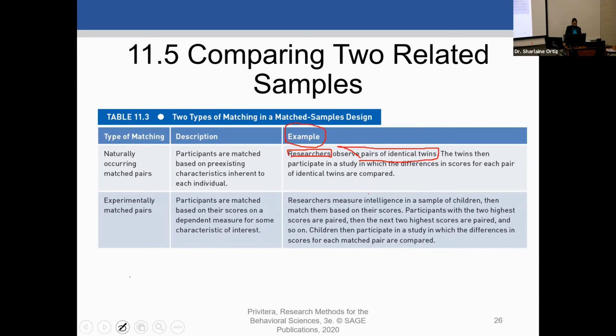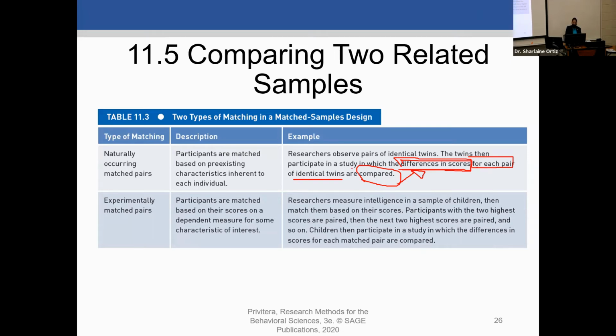In this specific case, I am looking for the differences in scores for each pair of identical twins, comparing the differences in their scores.